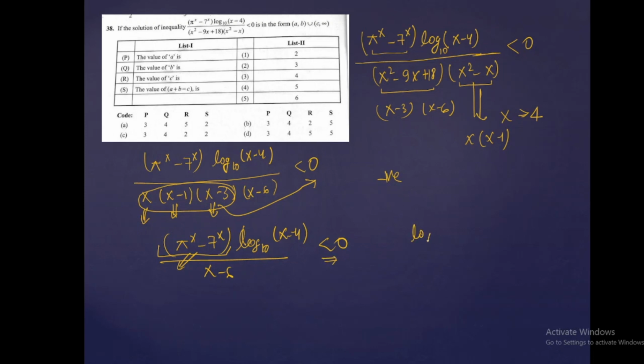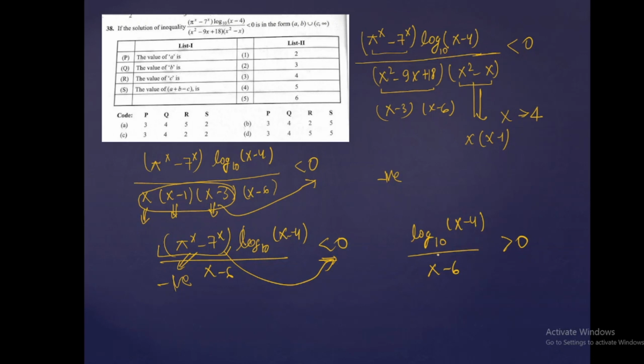So what we will be left with is x minus 4 and x minus 6 greater than 0. I have reversed the sign because this thing will always be a negative number. We are dividing over, and thus we have changed the sign.